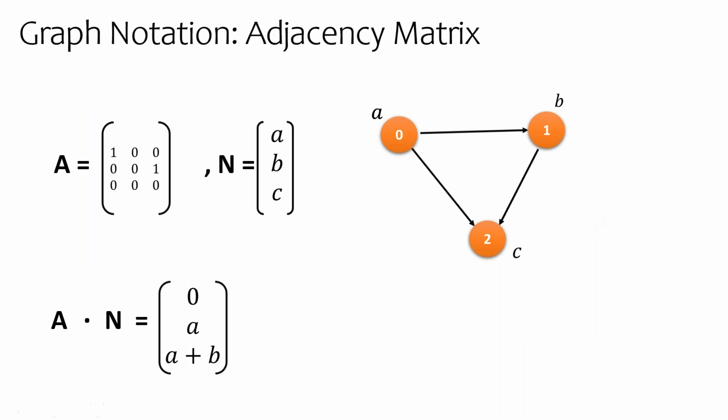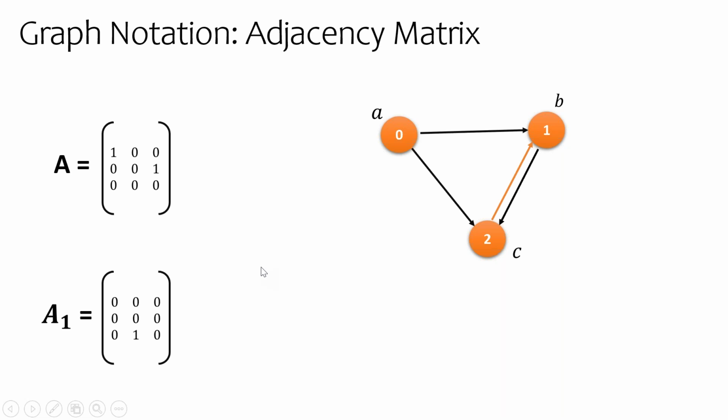So, graph notation of an adjacency matrix: let's say nodes 0, 1, 2, labeled A, B, C, are connected to each other like this. We get an adjacency matrix like this, and then we take the node matrix ABC, do a dot product of them, and get this particular matrix, right?